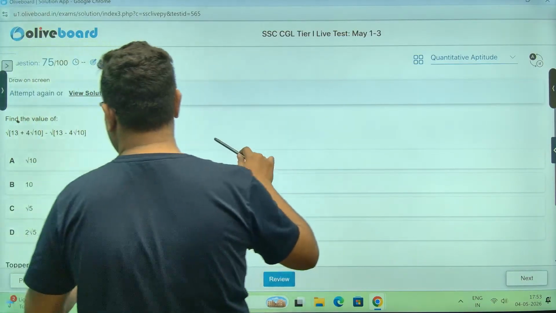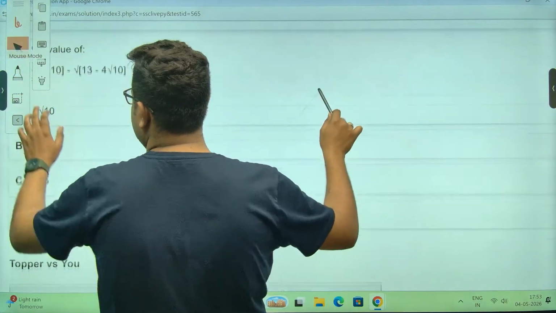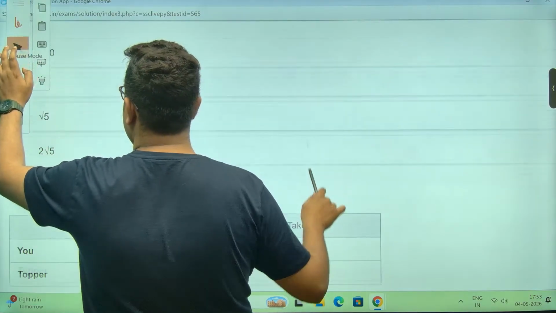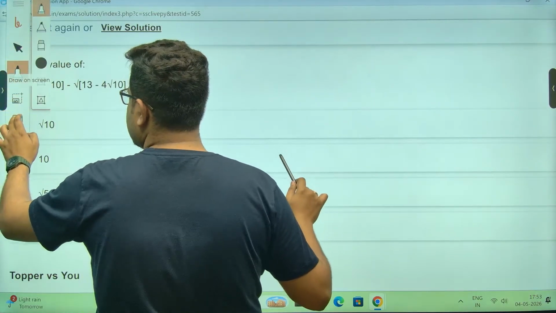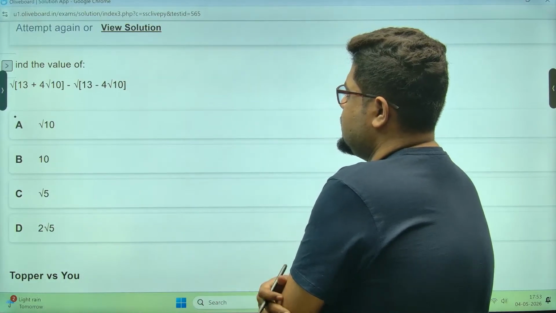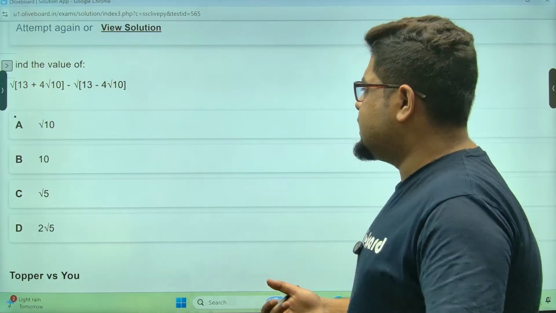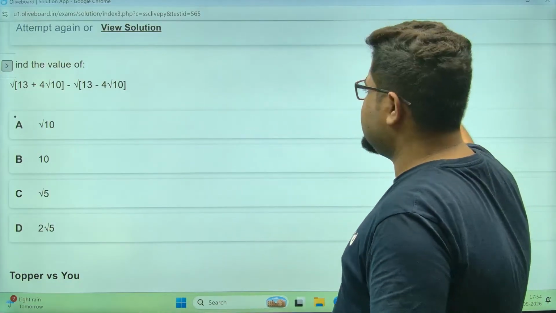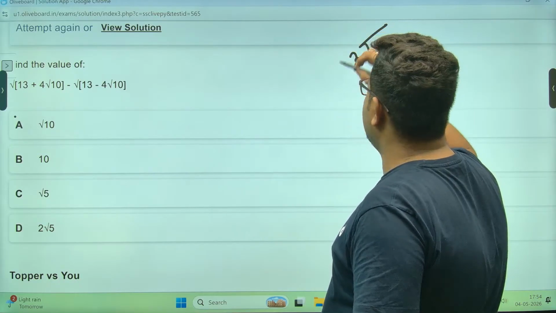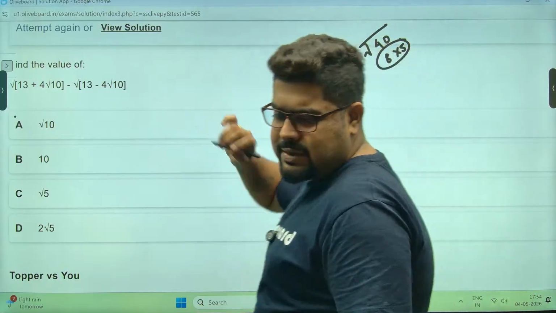One last question, sir. Root 13 plus 4. Both having root, right? You can do it in 2 ways. Either you square it, meaning 8 and 5, 8 plus 5 is 13.